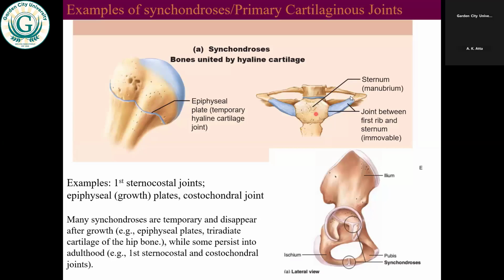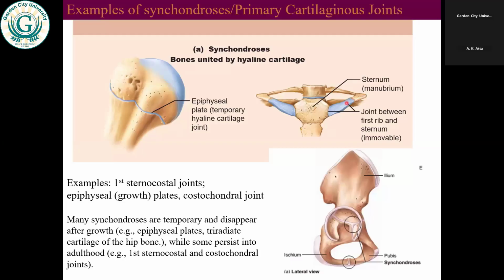Then if you look at between the costal cartilage, you see, this is the costal cartilage, and this is the manubrium. Here, actually, you can look at two joints. There's a joint between the costal cartilage of the first rib and the sternum.